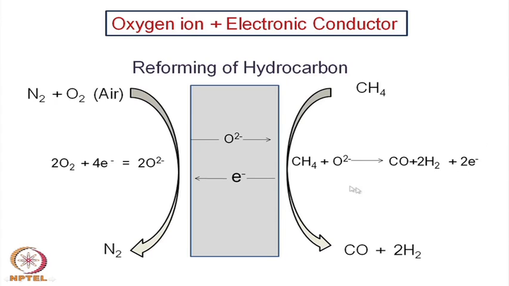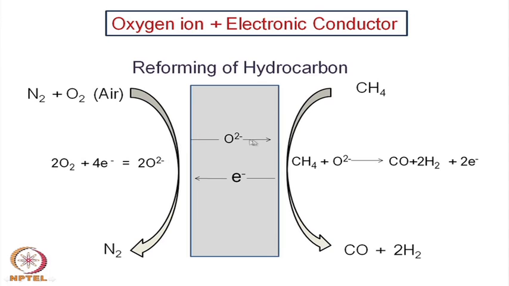Now, these electrons will be transported back through this system. On the other side, the reaction involves oxygen which is coming from air. Oxygen is flowing and getting consumed by this reaction. The electrons coming from the other side are ionizing this gas and making it an oxygen ion.